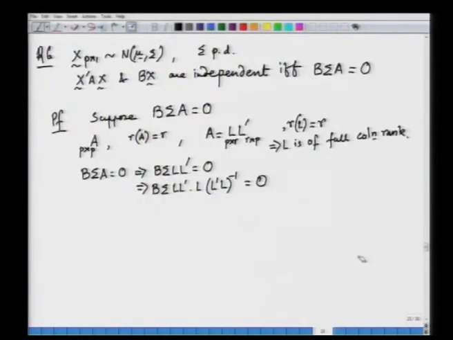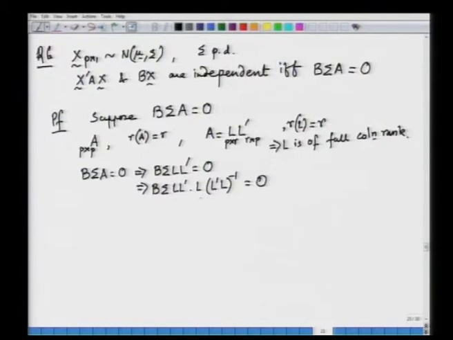L transpose L inverse exists because, as we have already said, L is of full column rank. Not only this, the matrix L transpose L is R dimensional, and rank of L transpose L is equal to rank of L, which is equal to R. So, L transpose L is of full rank and its inverse exists. I bring it in here, and the other side is still null.